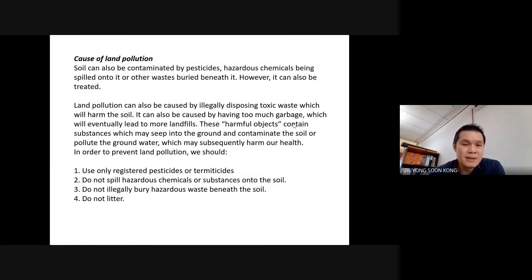The so-called event will be an accidental spill, for example. An accidental spill, for information, is very different from illegal dumping. So these are the gray areas.